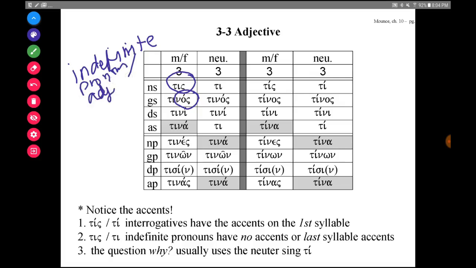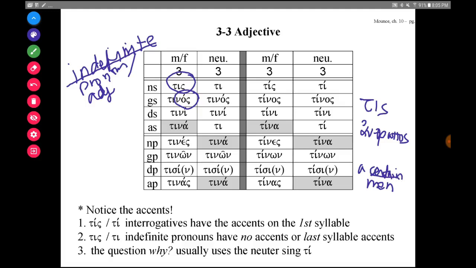So if tis modifies, for example, anthropos, anthropos, this is translated as a certain man. It's indefinite. We don't know exactly which man, just a certain man.